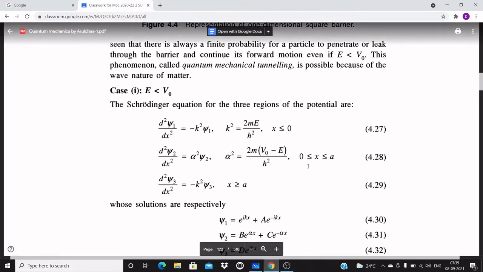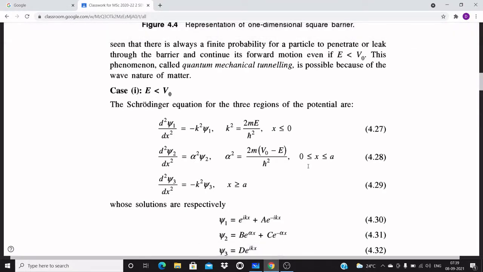Now we have attained these three equations. So this is the case of region 1 where we have given 2me by h cut square as k square, so you have this equation, and in region 2 you have alpha square, and in region 3 also the case is same as region 1.